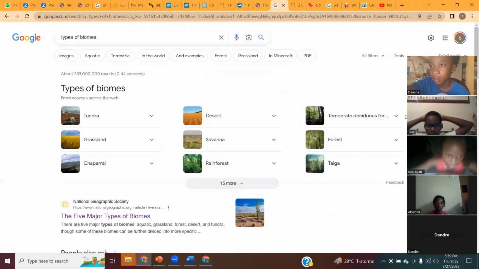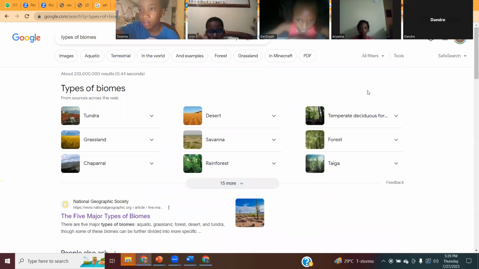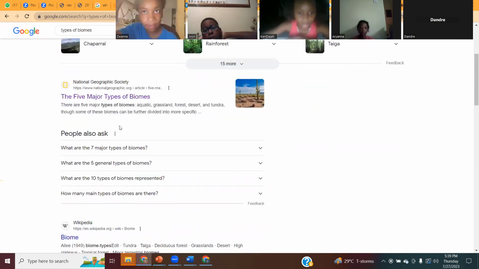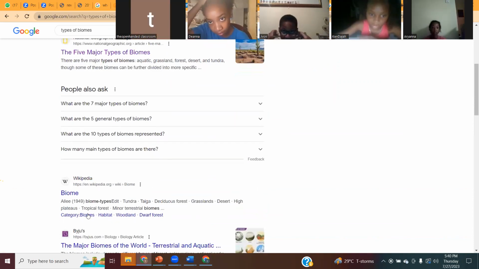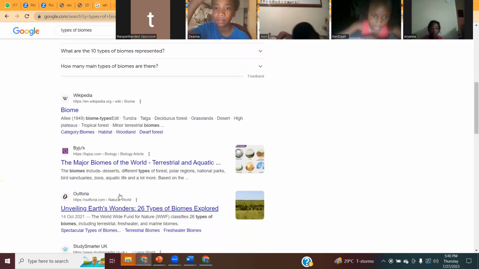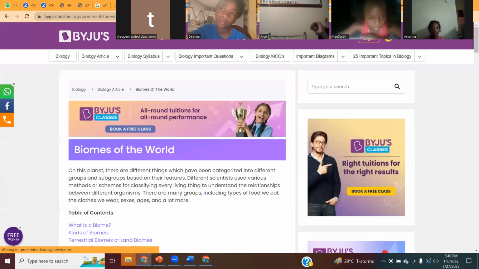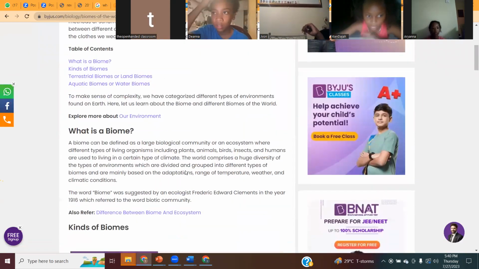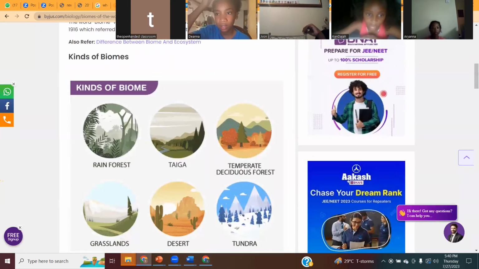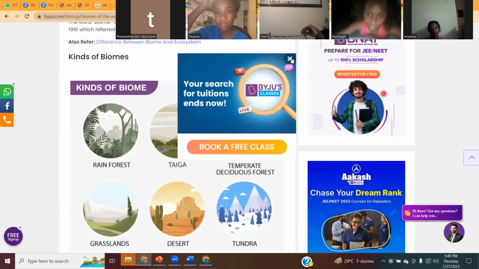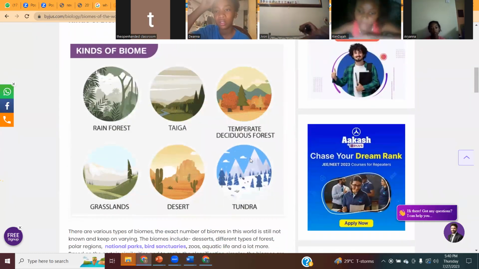So we have the rainforest, the taiga, the forest.